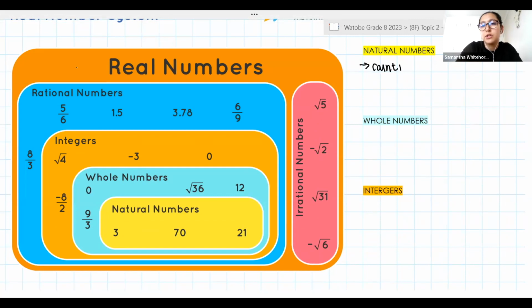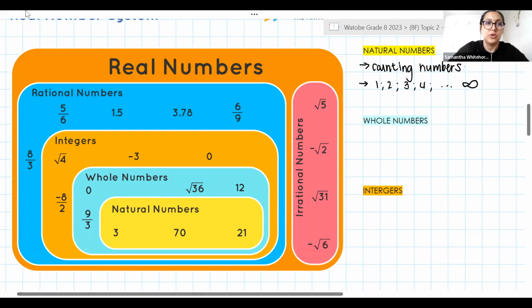So when you learn to count, these are the numbers that you work with. When we learn to count, we start from 1, 2, 3, 4, 5, and so we keep going. Your natural numbers are those numbers, 1, 2, 3, 4, and you can keep going all the way up into infinity. So your counting numbers are your natural numbers.